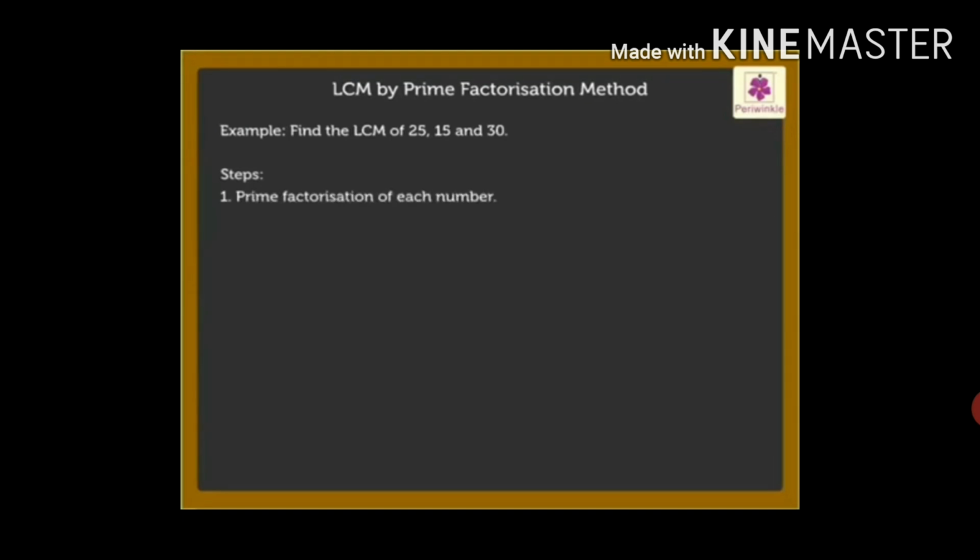You can find it either by repeated division or by building the factor tree. Here we get the prime factorization of 25 as 5 into 5, 15 as 3 into 5, and 30 as 2 into 3 into 5.